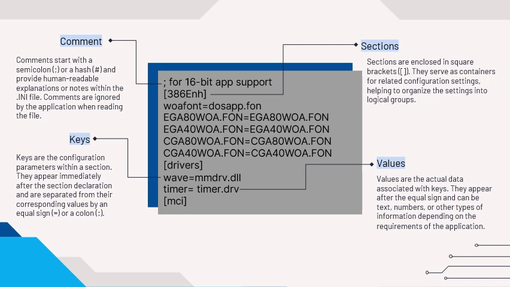Sections, enclosed in square brackets, behave as a container for related settings, helping in the organization of configuration data. Values, the actual data associated with the keys, come after the equal sign. This can be text, numbers, or other data types depending on the application's requirements.